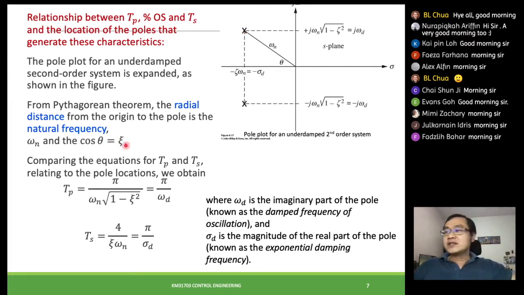Then from there onwards, we can also relate that the angle theta, cos theta, is actually related to the damping ratio, right?